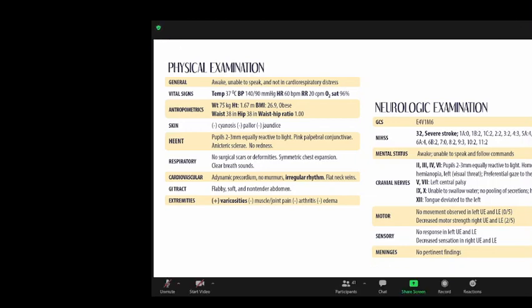So we need to check the urine output of the patient, the input and output. Okay. So what else will you monitor if your patient is on mannitol? Check also the blood pressure. Urine output.